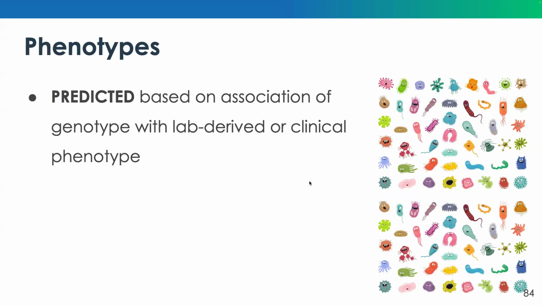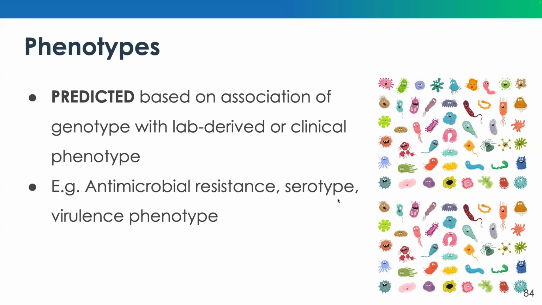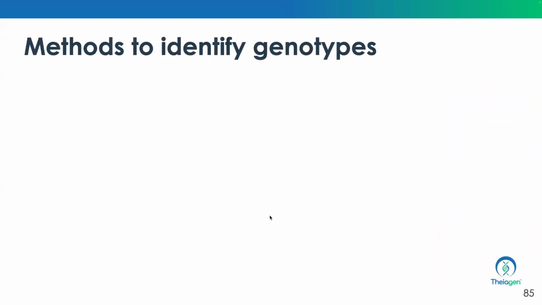On the other hand, you have the phenotype, which is the predicted association of the genotype with a lab-derived or clinical phenotype. And this is, for example, resistance to a particular antimicrobial, the serotype of that particular sample of bacteria, as well as the predicted virulence of that particular pathogen.